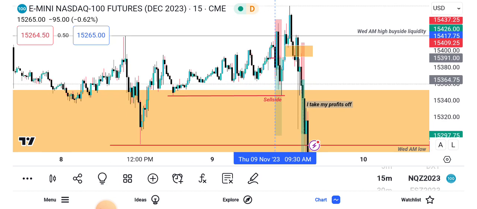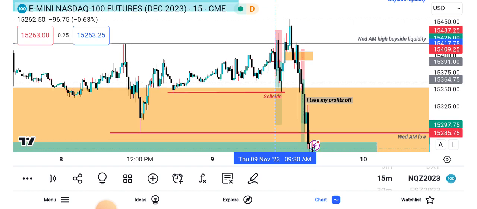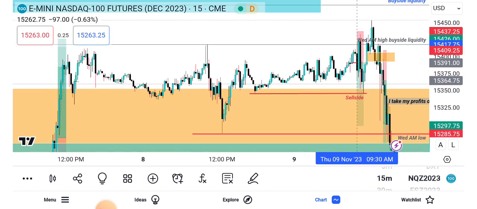So I was watching today. I decided to enter the trade around 30 minutes in, because it's among my rules that I should be onto the charts 30 minutes earlier, so that I can prepare and analyze before they open. 30 minutes prior, I had spotted these Wednesday AM liquidities.